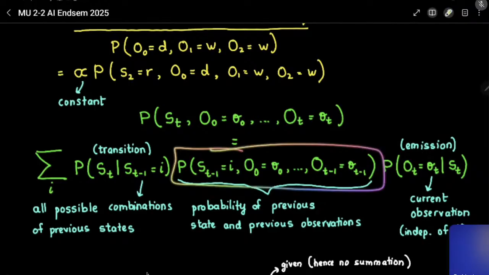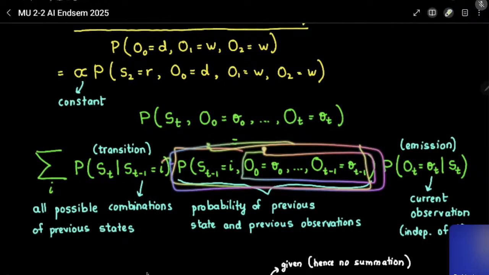So this is the probability of ST minus 1 equal to i. It means in the previous state you were at state i, and the observations here you're taking from O0 to OT minus 1. Here capital O is the random variable and small o is the value. We looked at probabilities yesterday, no? Capital letter means random variable, small letter means it's a value, it's a proposition. So this is multiplied by the transition.